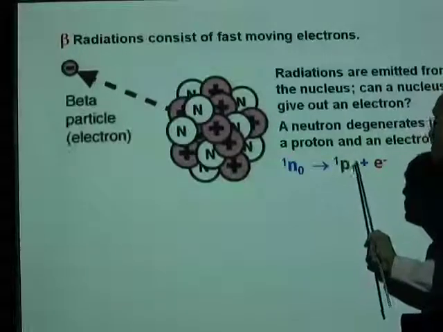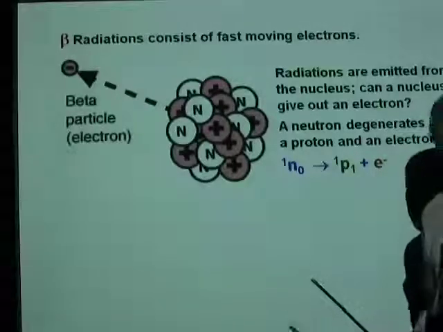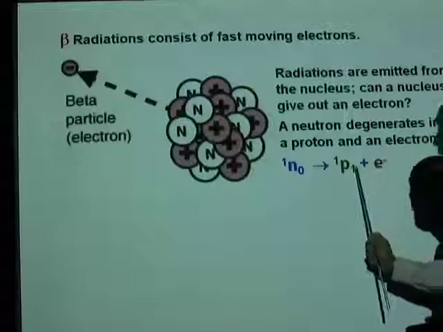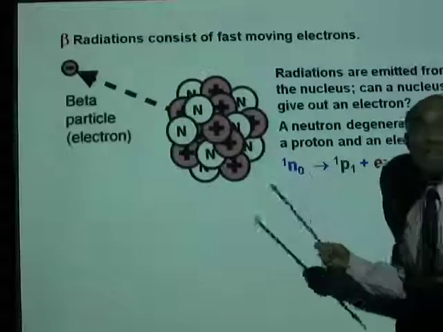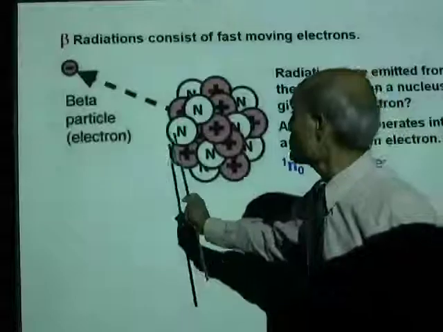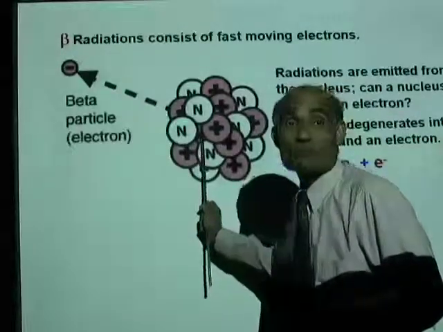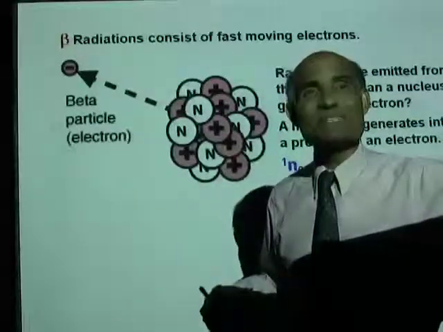It splits into a proton, 1, 1, plus the electron that carries a negative charge. So the negative and the positive charge put together is the 0 charge. A neutron inside a nucleus splits into a proton and an electron, and the electron gets emitted.